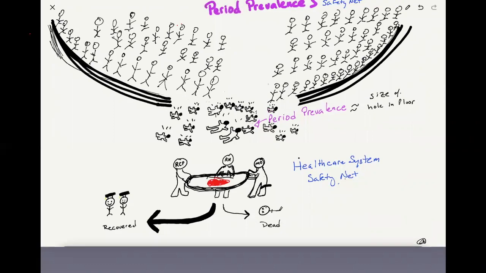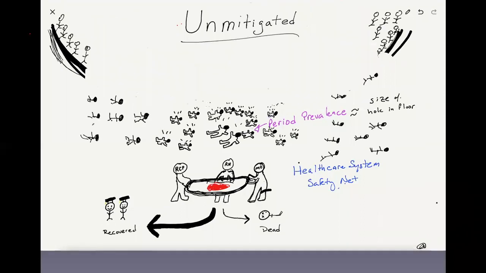Now, when all of this was being mathematically modeled, the model was an unmitigated model. What would happen if we didn't have any social distancing, if we didn't actually use any means of trying to mitigate this in any shape or form?